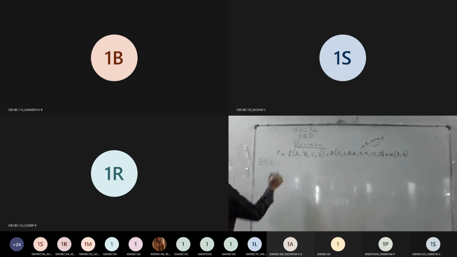So what I have written in step 1: how many variables? 4 variables A, B, C and D. Fill in the corresponding values: 0000, 0001, 0010, 0110 which is 6, 0111 which is 7, 1001 which is 9, 1010.